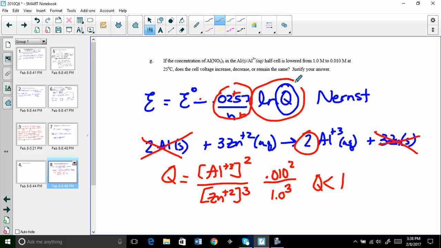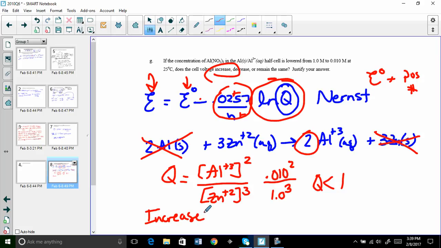But this term right here is negative because Q is less than 1. And E naught minus a negative number would be E naught plus some positive number, which means the new voltage is equal to the old voltage plus some positive number. So it increases.